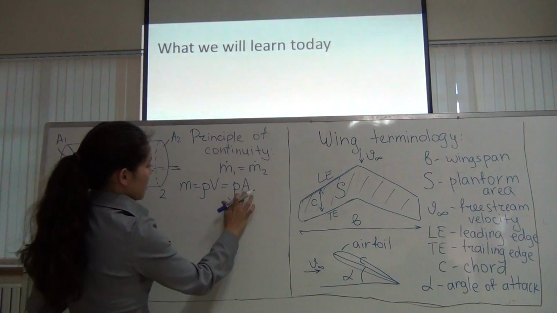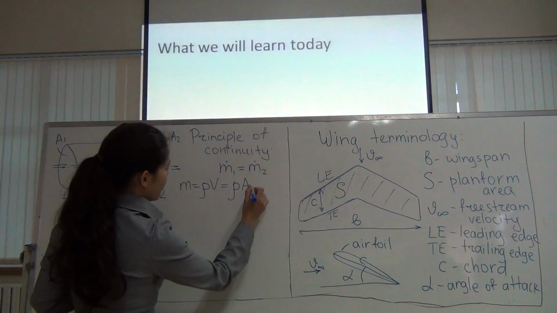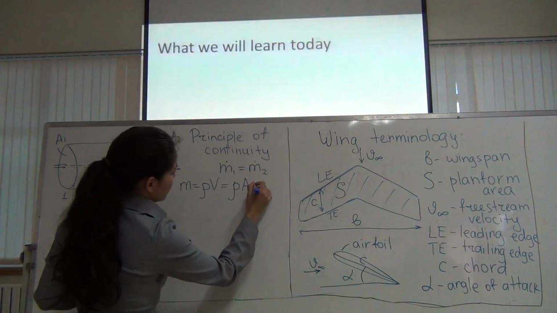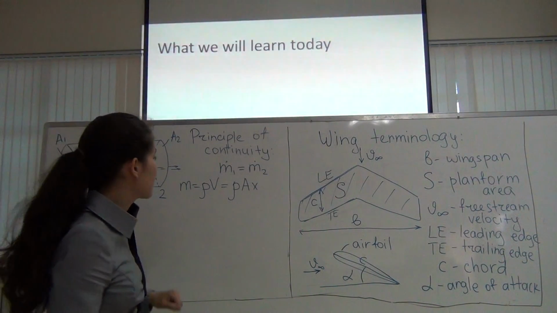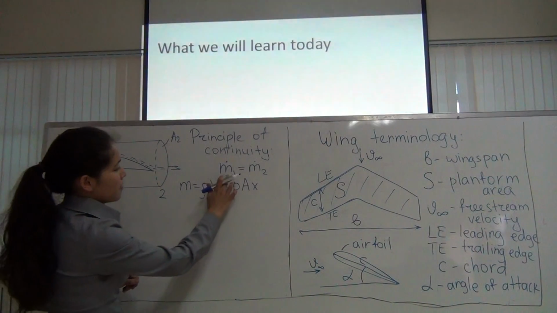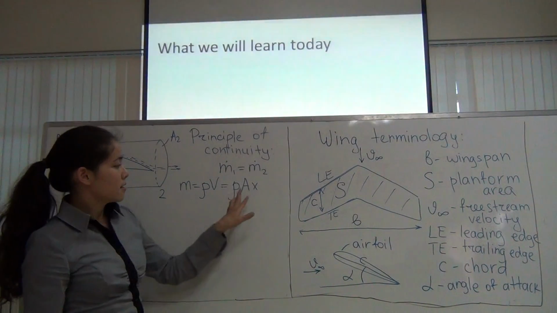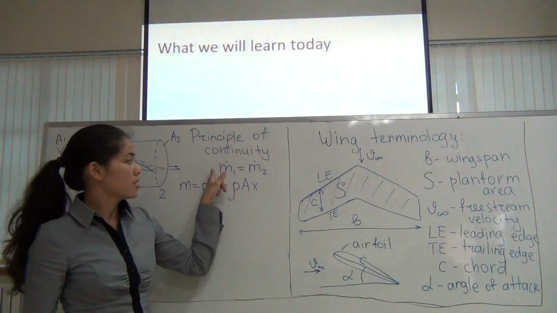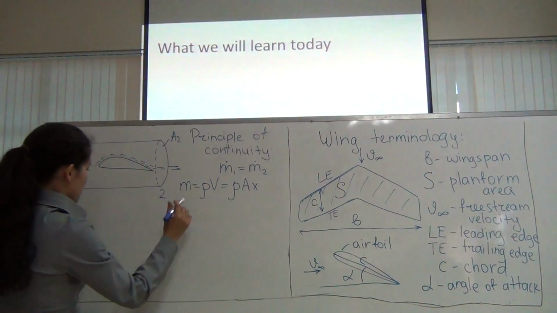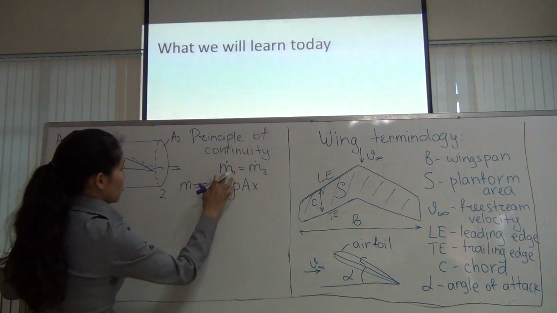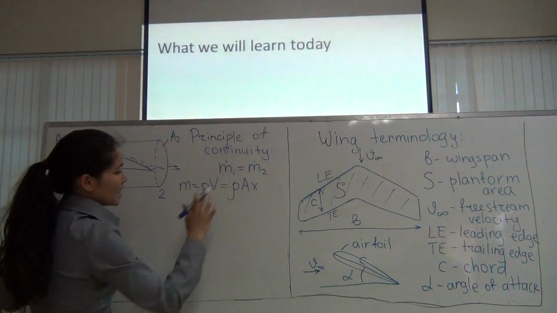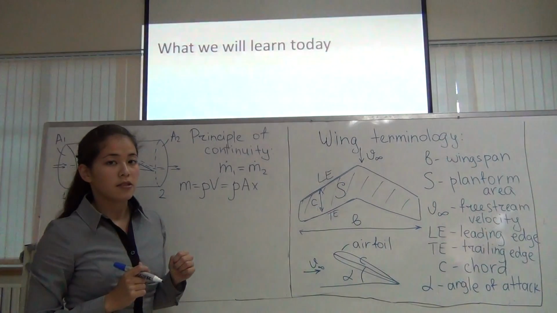So area is A, rho is density, and let's say x is the distance. So now we have this equation. Let's substitute this expression into this equation. That will give us, so we said that dot means the derivative with respect to time.